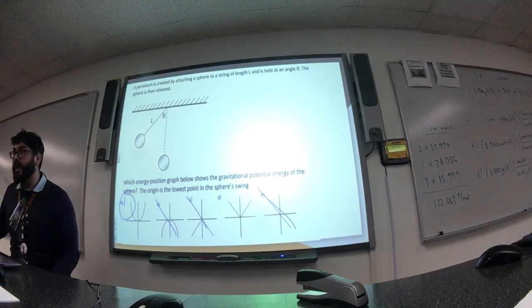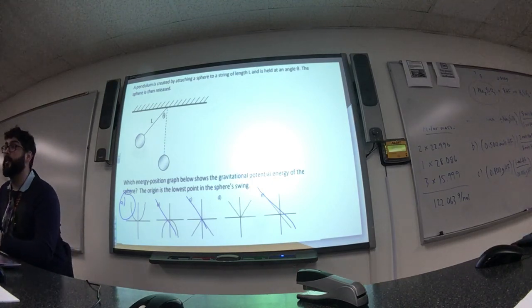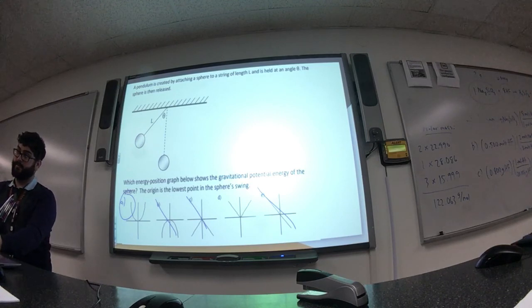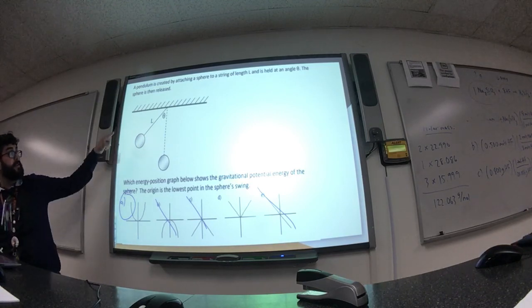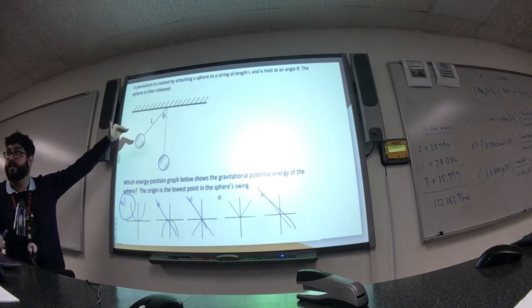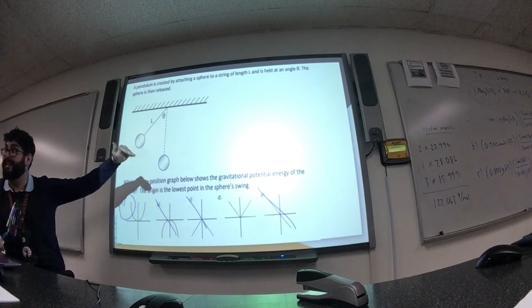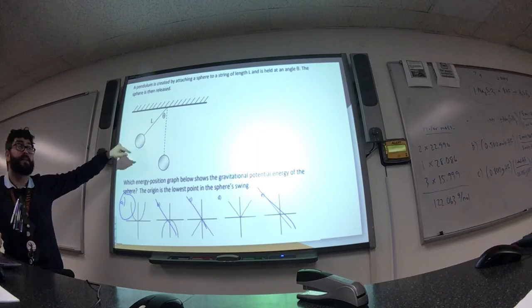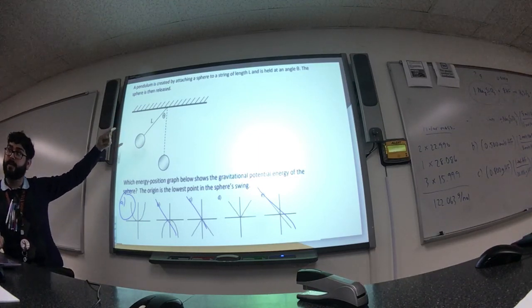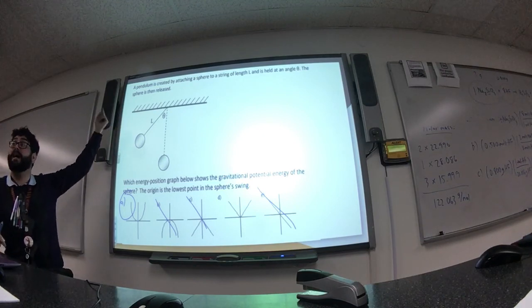The rate of change of the energy from conservation of energy is not linear. The way that the gravitational potential energy changes from the top to the bottom is not linear, because kinetic energy does not increase by a linear factor, it increases by a quadratic factor.